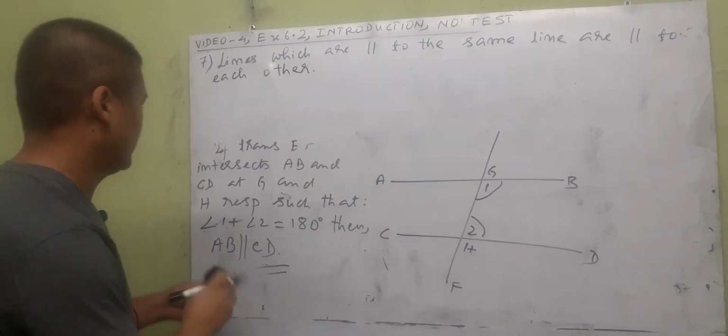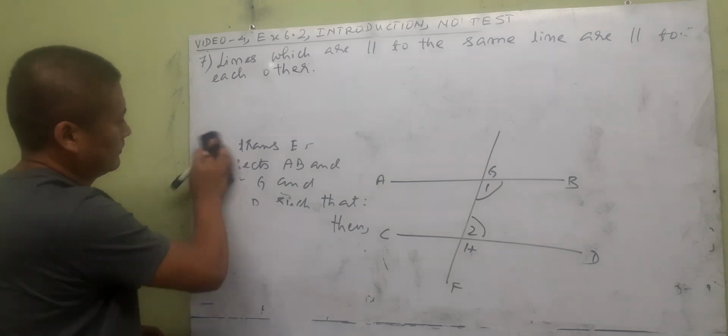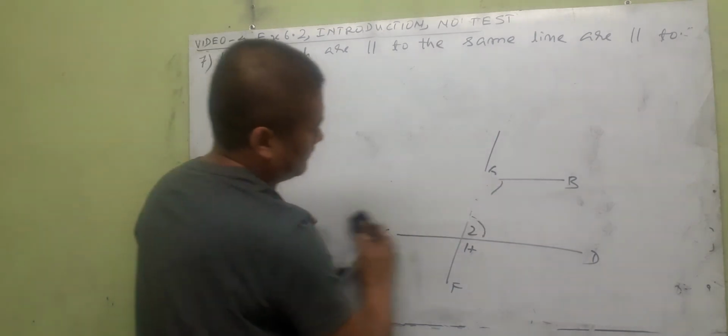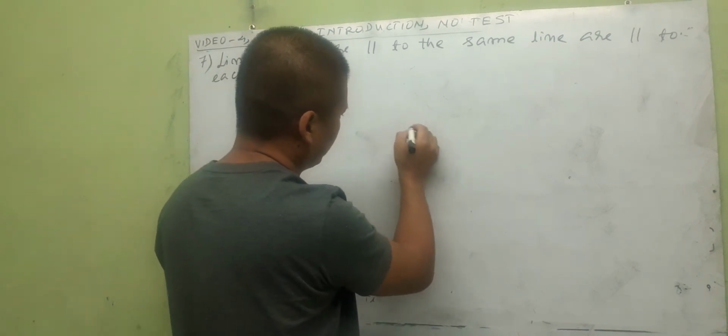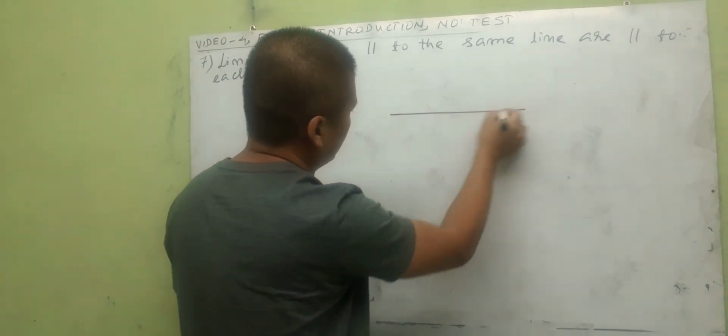Let us do it here. Lines that are parallel to the same line. Let us say AB is parallel to CD.